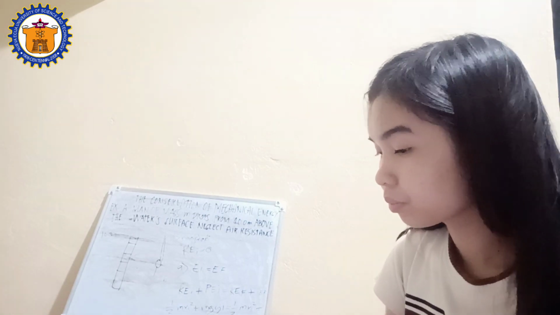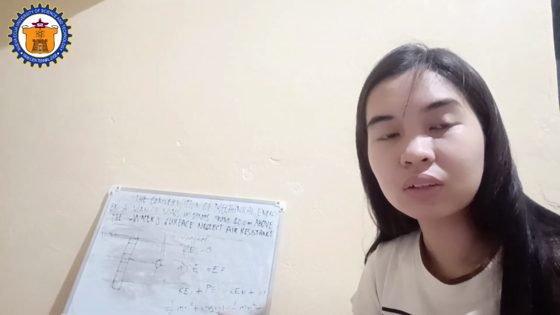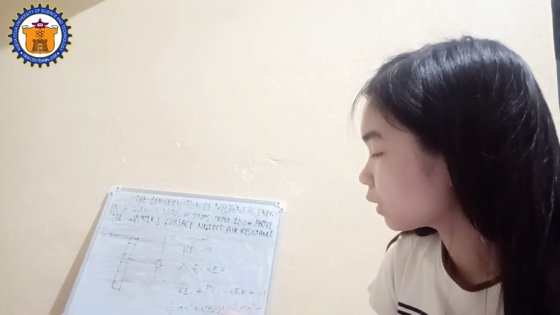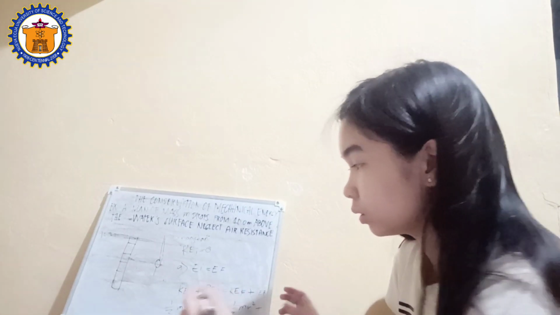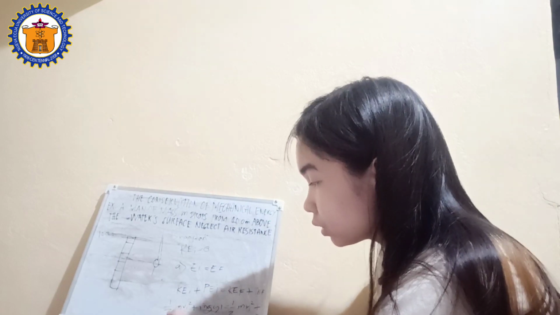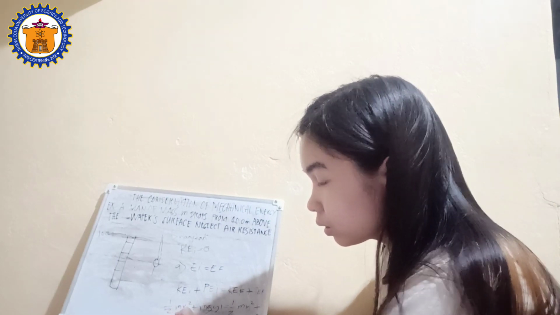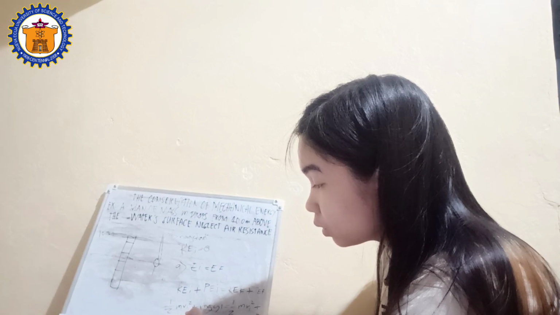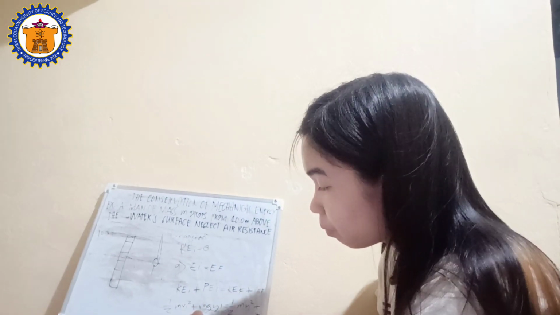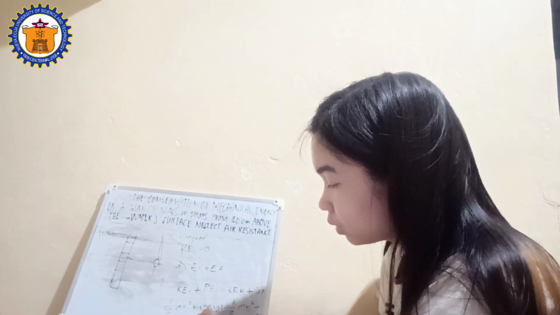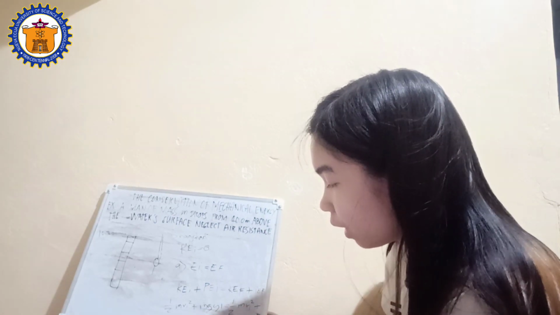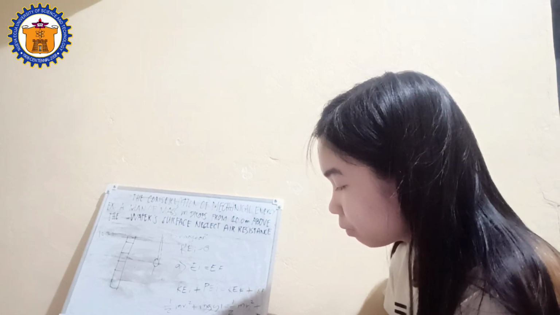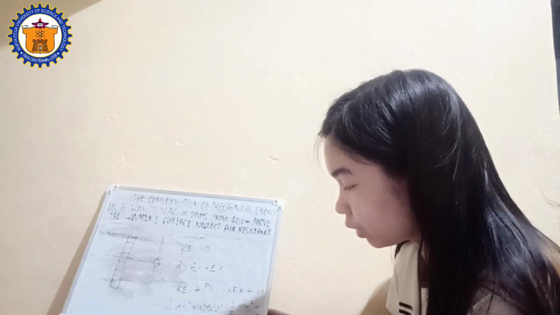So, para makuha natin yung formula natin for velocity, magiging ganito na siya ngayon, g times initial position minus g times the final position is equals to 1/2 times the final velocity squared.